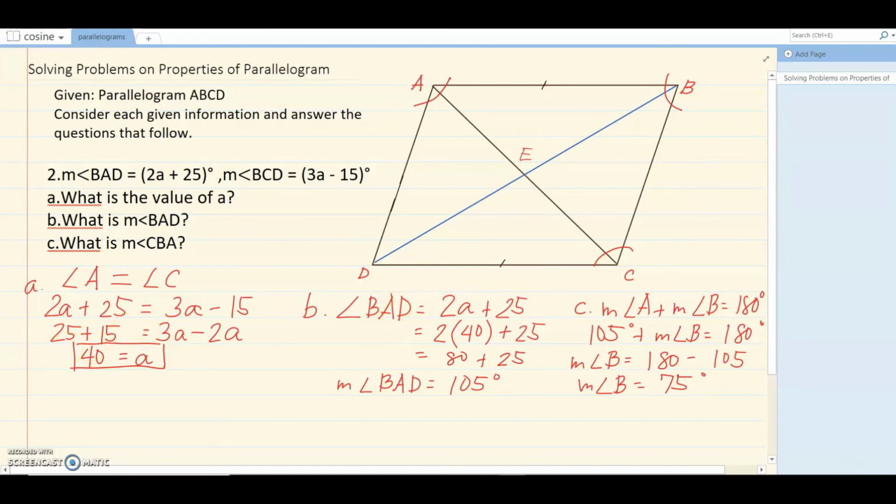So the measure of angle CBA, kung bubuin natin, the measure of angle CBA is 75 degrees. So those are the answers for number 2.